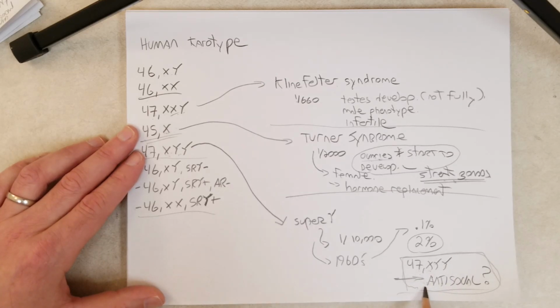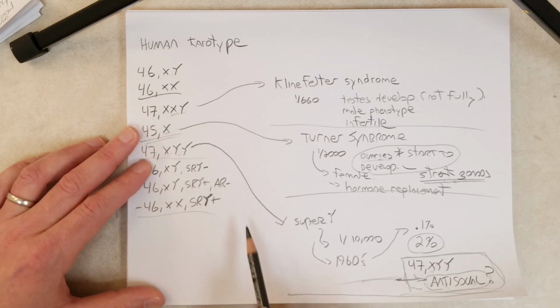They terminated funding for that project, because how would you like to be the focus of a bunch of scientists thinking you are predisposed to antisocial behavior and they're waiting for you to do something wrong? I think there are lots of ethical things wrong with that type of experiment, and clearly a lot of other people did, so they ended it.